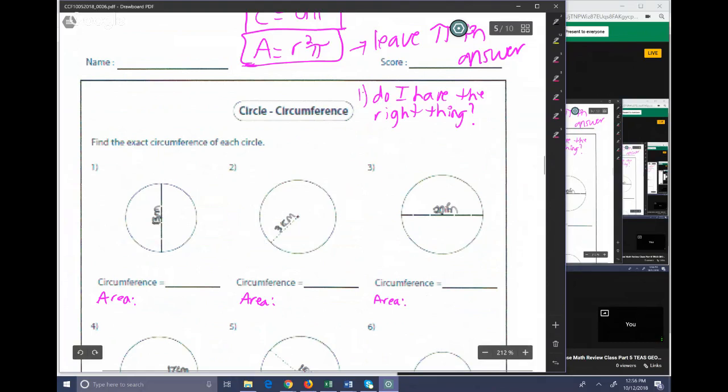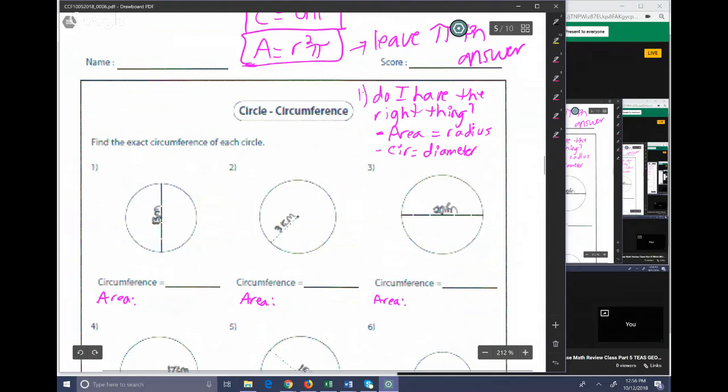But you want to look at what's actively in front of you and decide, is this what I want for what I'm trying to find? Or should I begin by filling in what the radius is or what the diameter is? So if you're looking for an area, you are happy if they've got the radius labeled, which is the half. If you're looking for a circumference, you are happy that they have the diameter pointed out, which would be this.